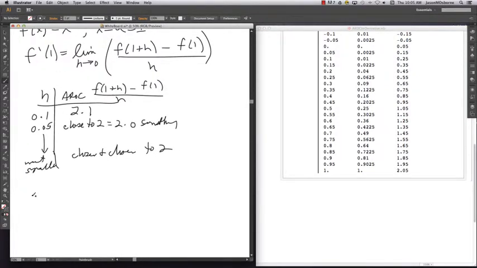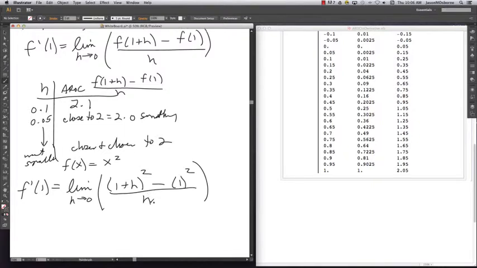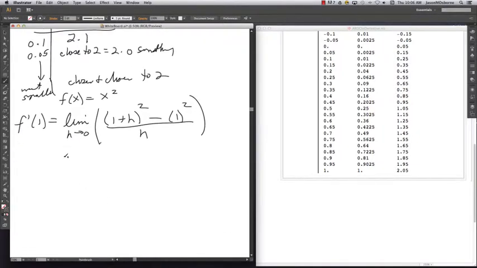Let's compute this limit out. f prime of 1 is equal to the limit as h goes to 0. The function evaluated at 1 plus h, because our function is x squared, we're going to get 1 plus h squared minus the function evaluated at 1, which is 1 squared, over h. We don't pick a particular value of h, we leave h as a variable, and we're going to see what happens when we try to compute this limit.